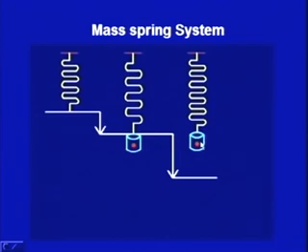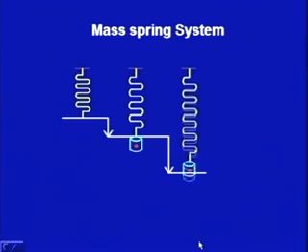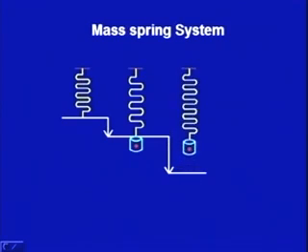This will go up and then it will go into a motion like this. That is, once I have pulled it down and then left it, it will go into motion. We want to find out this basic motion of this spring. So, we will see how we are going to model this system.